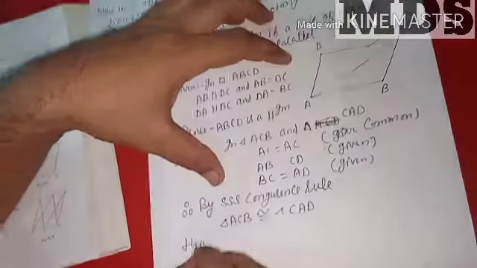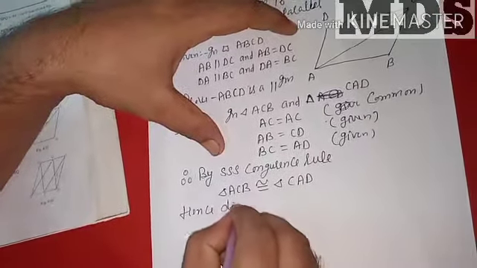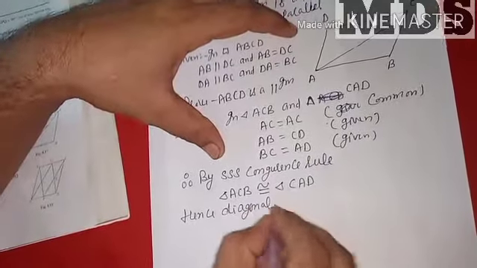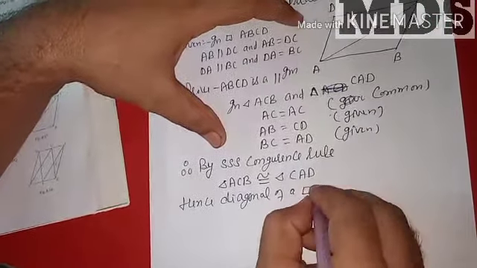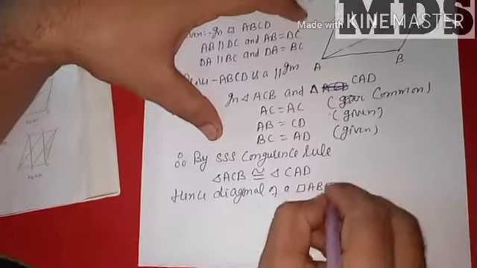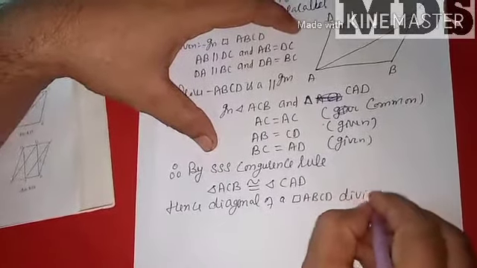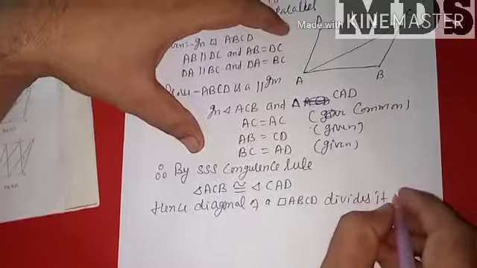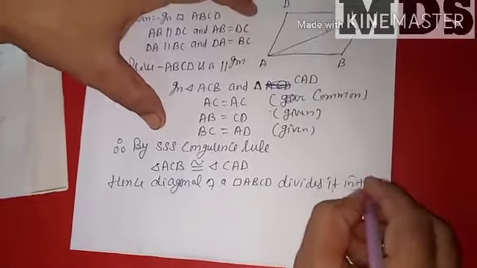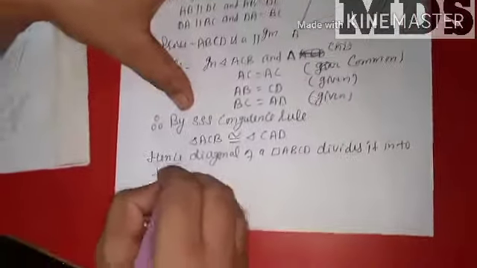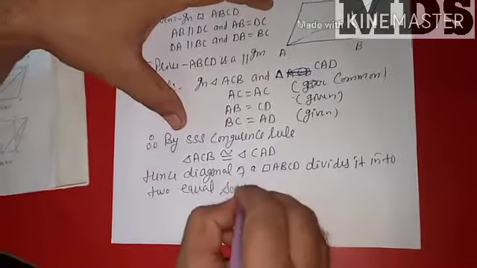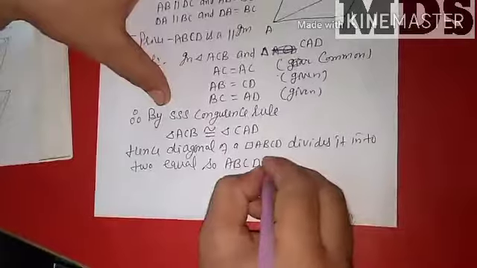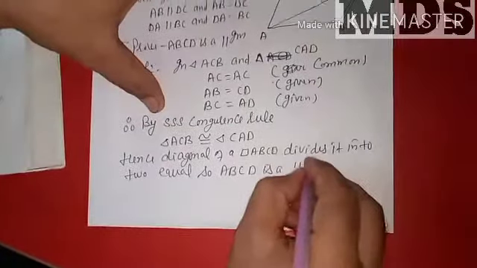Hence the diagonal of quadrilateral ABCD divides it into two equal parts. So ABCD is a parallelogram.